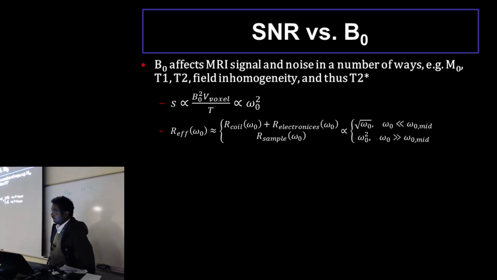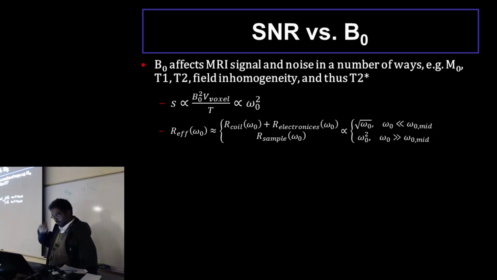At medium frequencies, I think the limit here is approximately 0.5 Tesla. Anything less than that is considered medium frequencies. Anything above that is greater than mid frequencies, which is what we are in right now at 1.5T and 3T. In that case, the R effective, meaning the resistance, is proportional to omega naught squared.